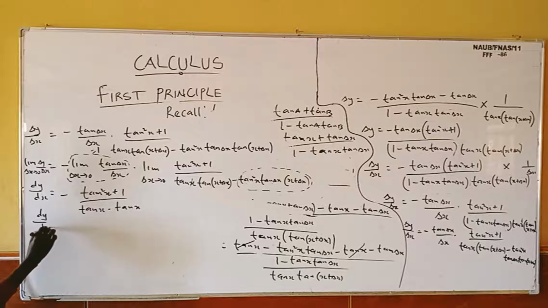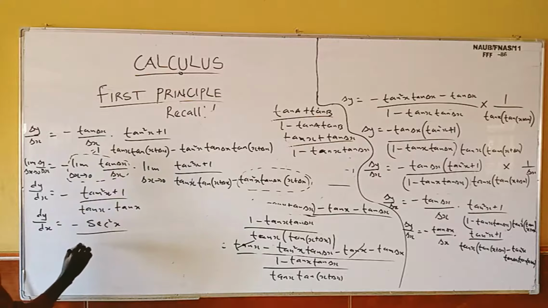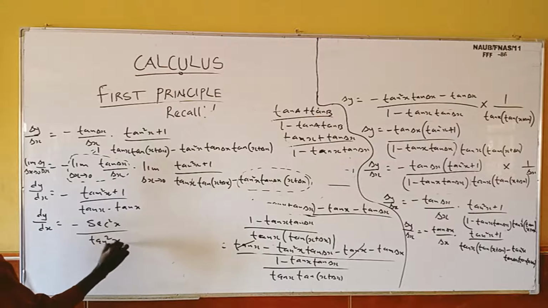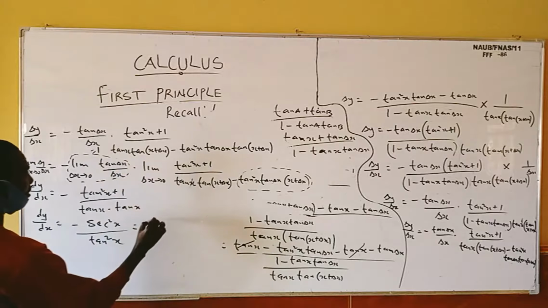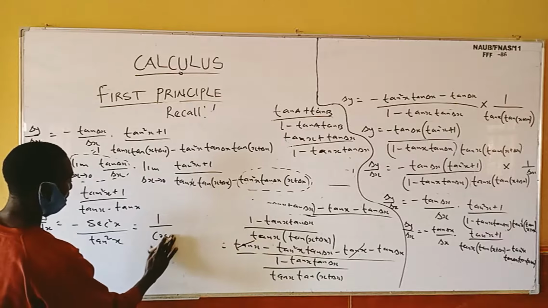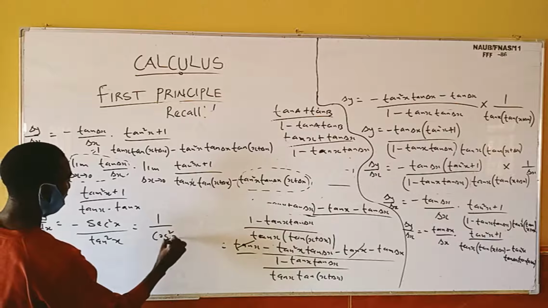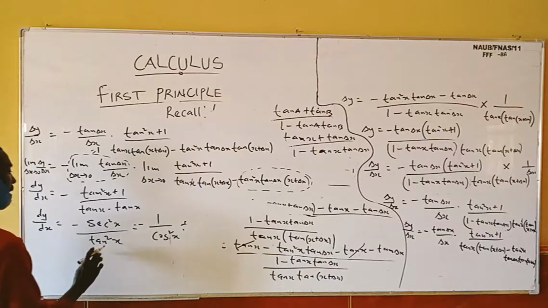So dy over ds will be equal to minus sec square s all over tan square s. Sec square s is nothing but 1 all over cos square s. Don't forget your minus, then divided by tan square s.